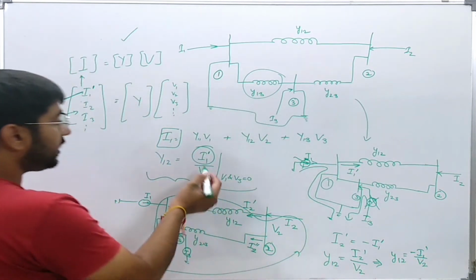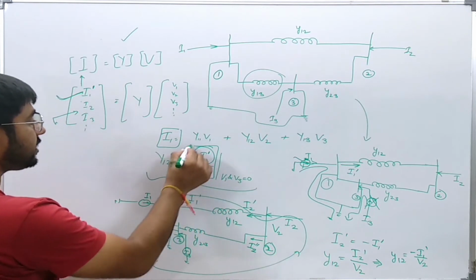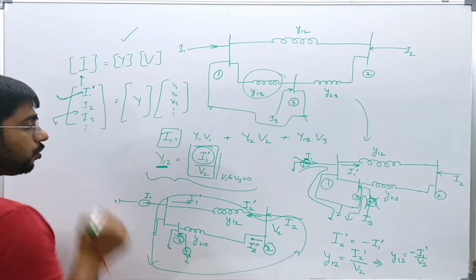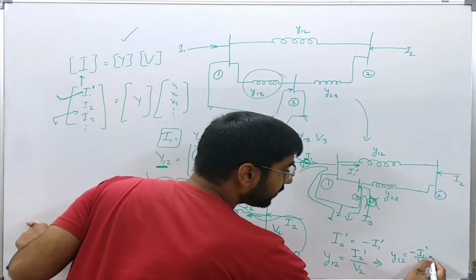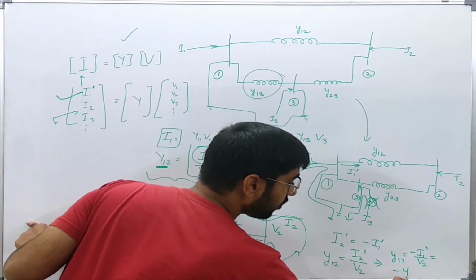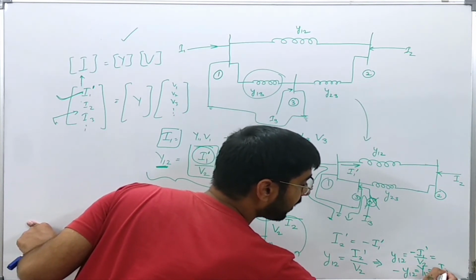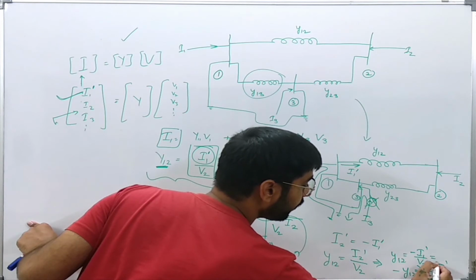Or I can see that this ratio, which is equal to the admittance matrix element Y12, can be written as capital Y12 is equal to I1 prime over V2.